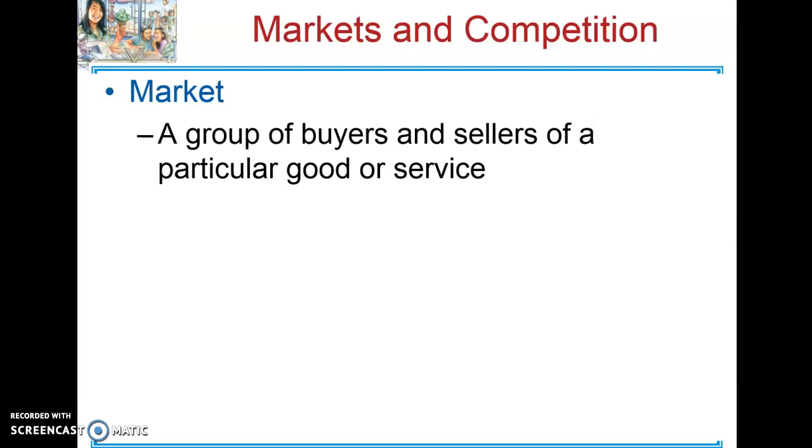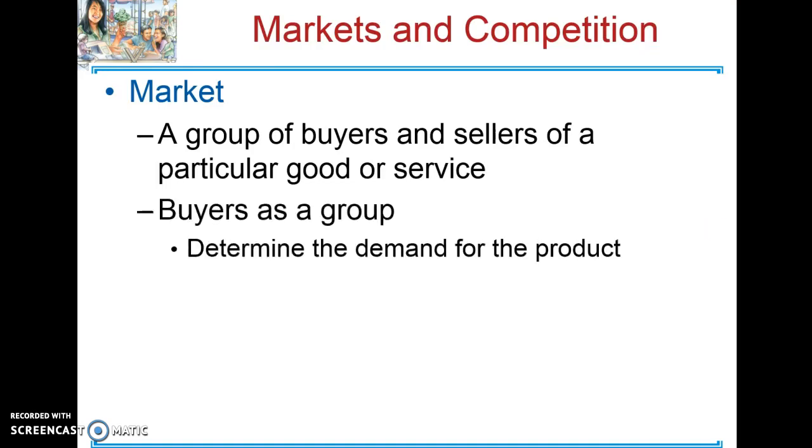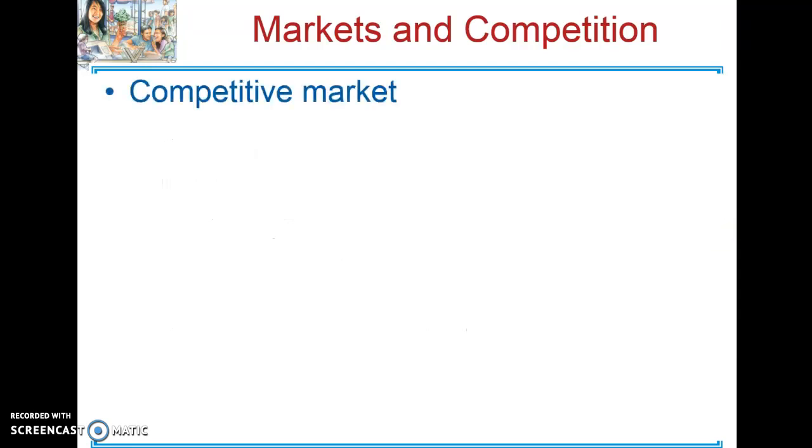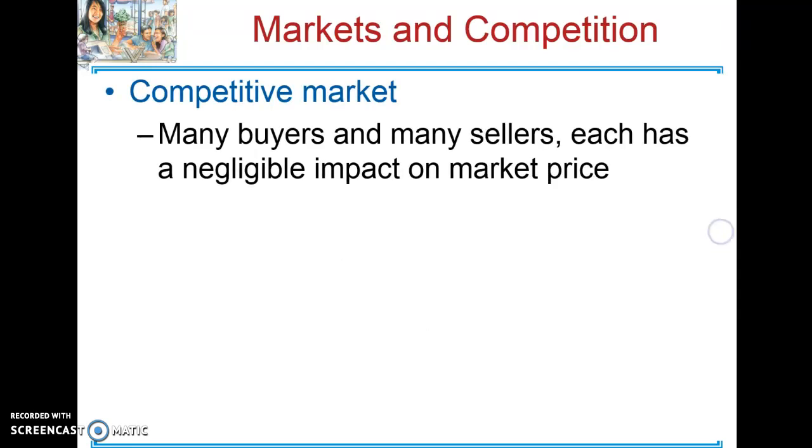We define a market as a group of buyers and sellers of a particular good or service. Buyers as a group determine the demand for the product. Sellers as a group determine the supply of the product. A competitive market is defined as many buyers and many sellers.